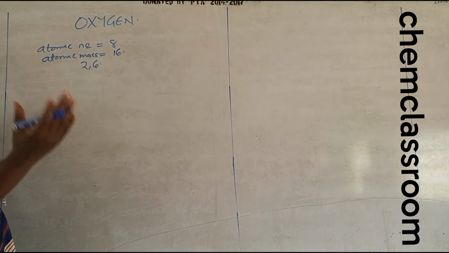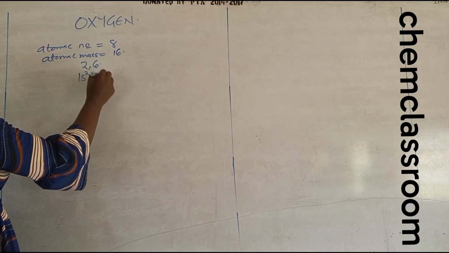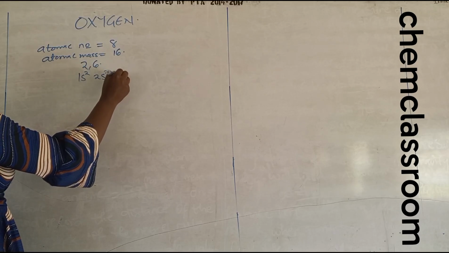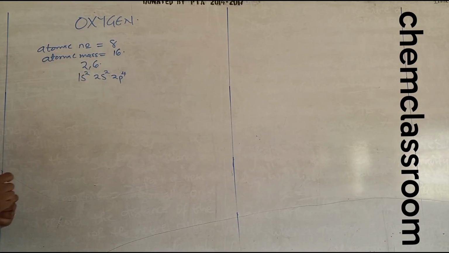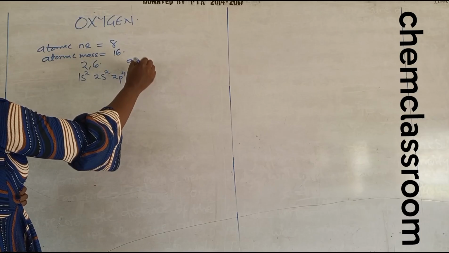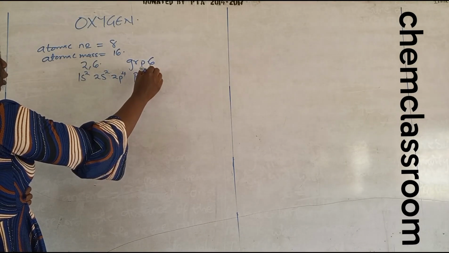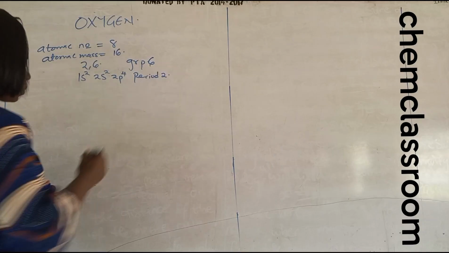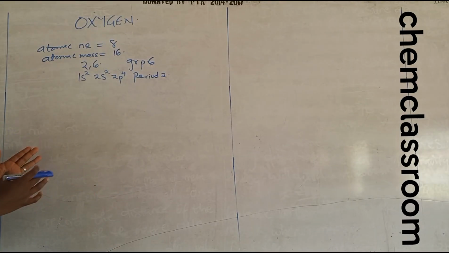Then if I'm to do the SPDF notation, I will have 1s2, 2s2, and 2p4. So this means that oxygen is in Group 6, and in Period 2. This is one of the things we need to know about oxygen.